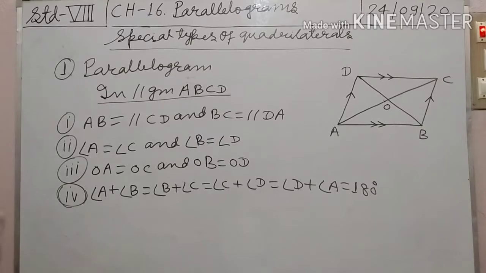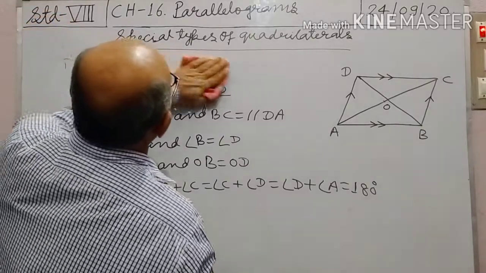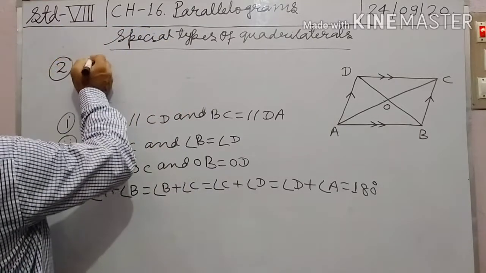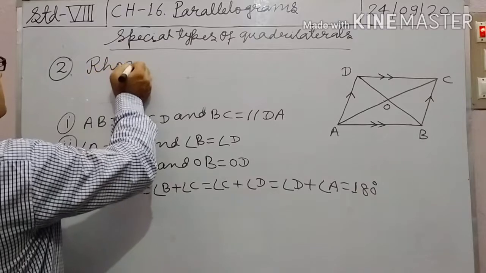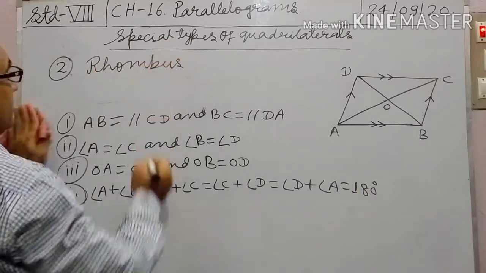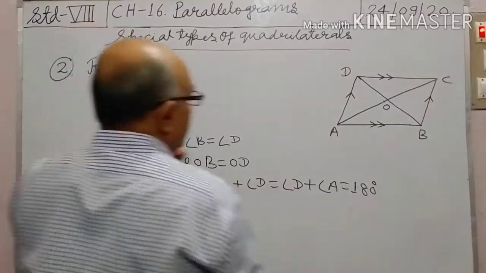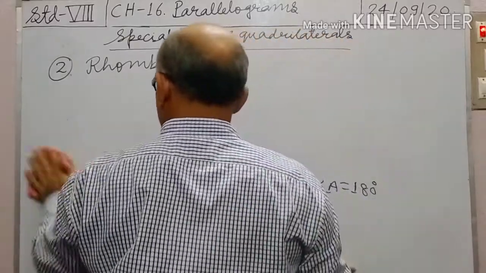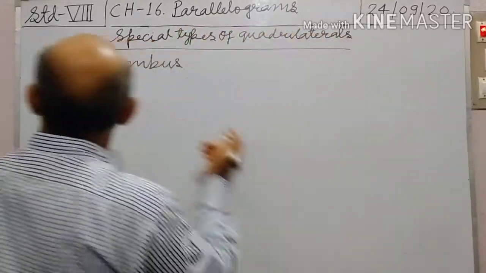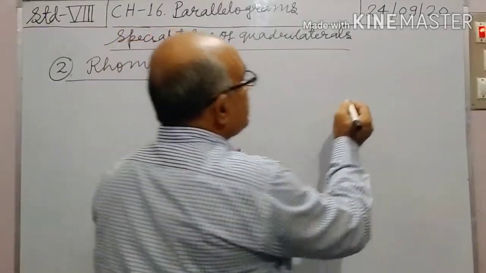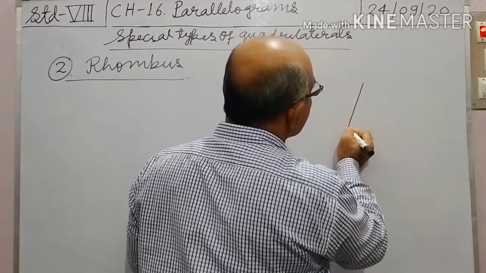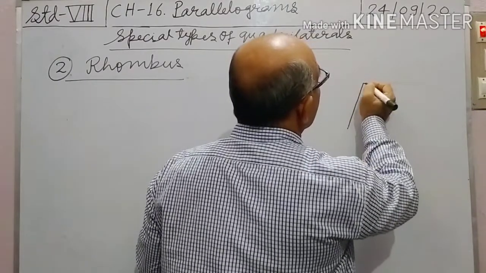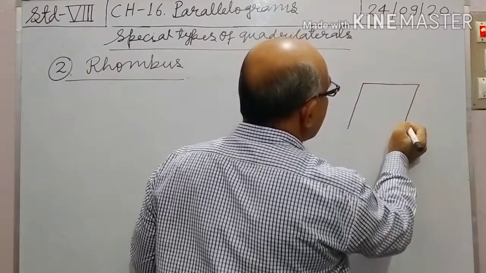Now, next, a special type of quadrilateral is the rhombus. Let us discuss the rhombus. The figure of a rhombus is ABCD.